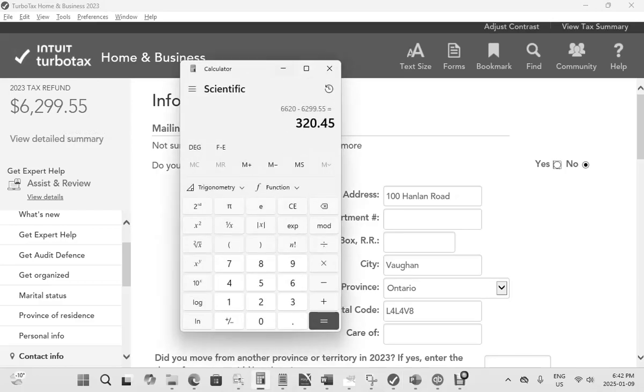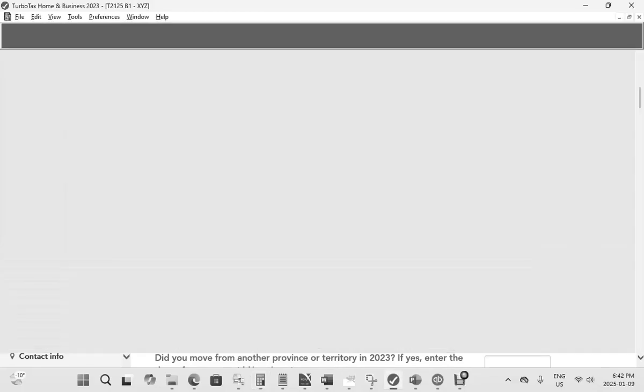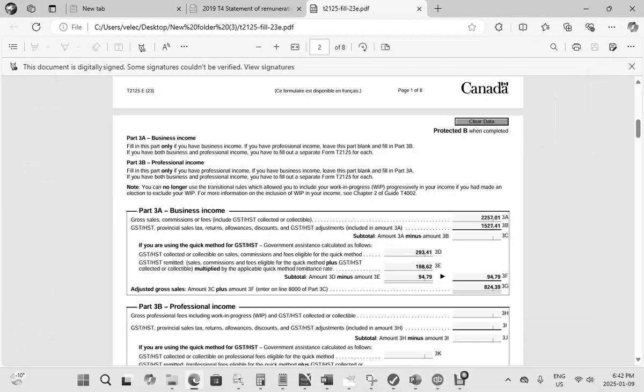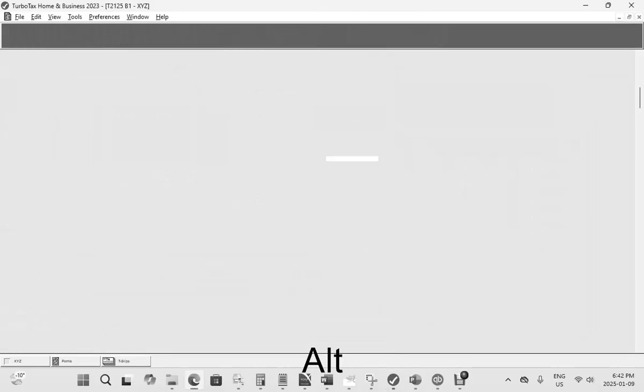So just because you change your ITC from a total of 1527.41 to zero, your tax refund went down significantly, right?